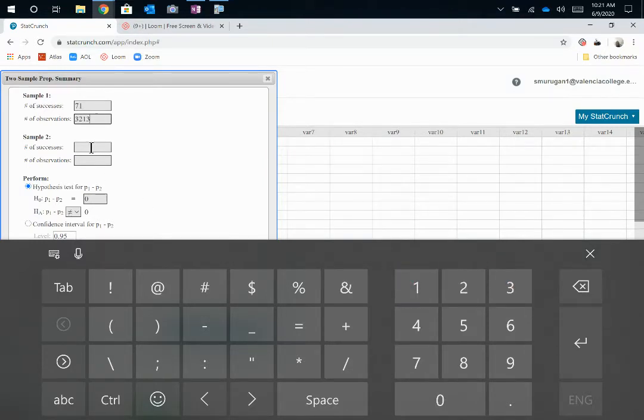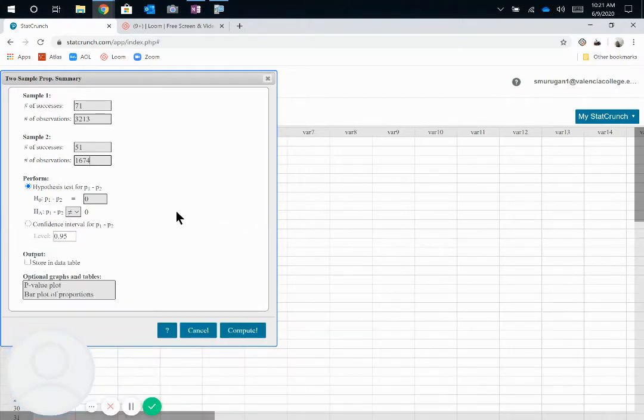That's for the vaccine. And then for the placebo, it was 51 out of 1,674. Numbers look good? Yeah.